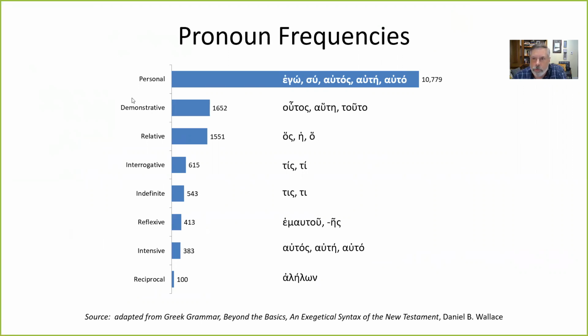So we started last week with personal pronouns. We focused on first person, ego. I'm trying to get better with this pen. It's not like writing with a real pen, but I've seen others do it, and it works so much better for them.